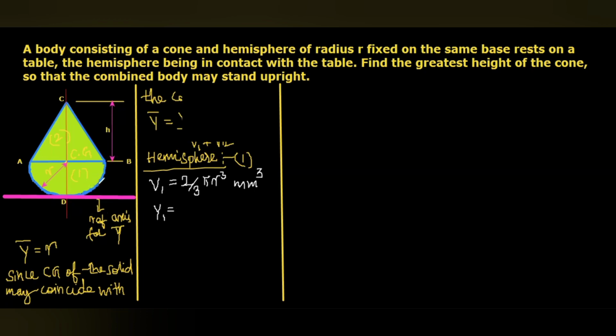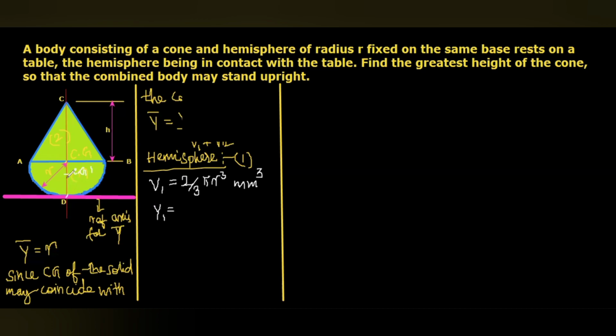The distance of the center of gravity of the first segment. Probably it will be here, CG1. From the reference axis, that means the axis which passes through the bottommost point or line of the solid, that means through D. That is the reference axis for y bar.